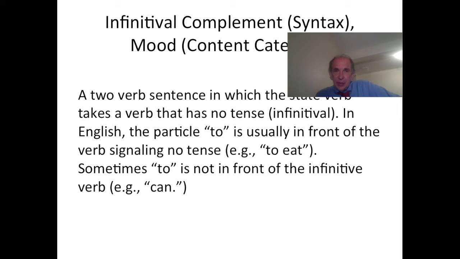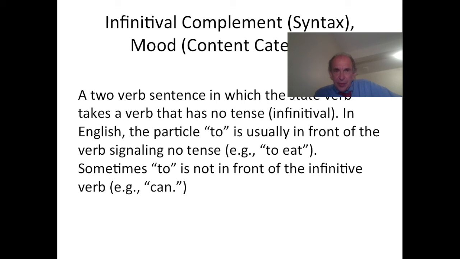The earliest to develop in children is the mood category, and that is always coded by infinitival syntax, or a sentence in which the verb takes an infinitive verb as a complement.